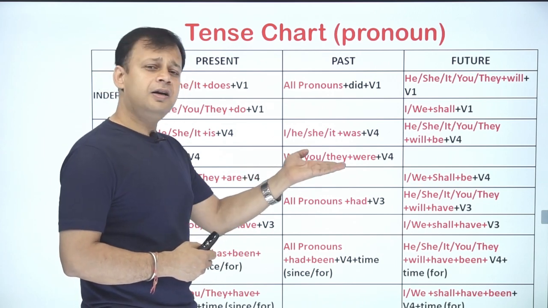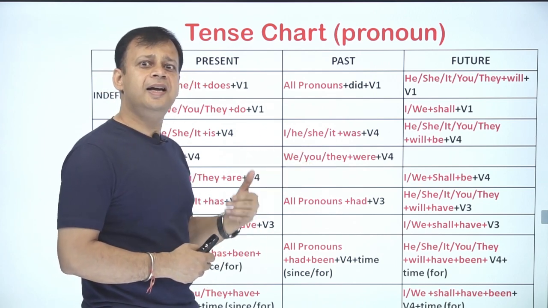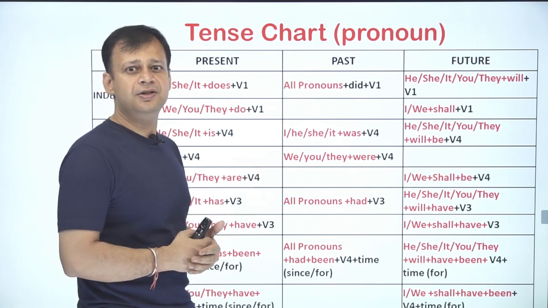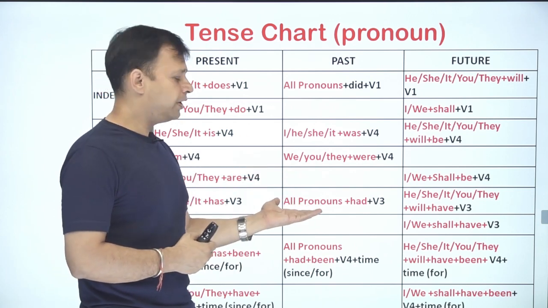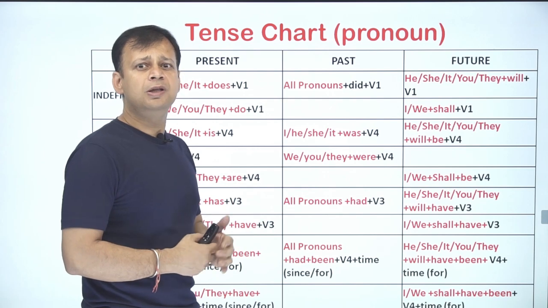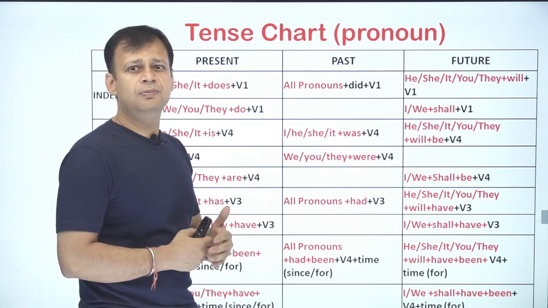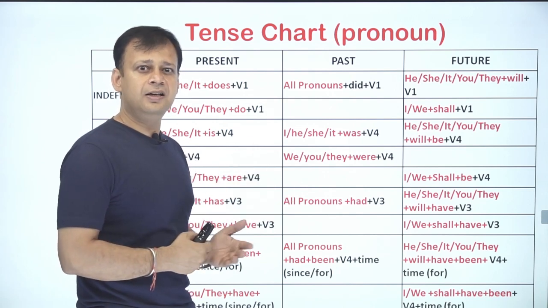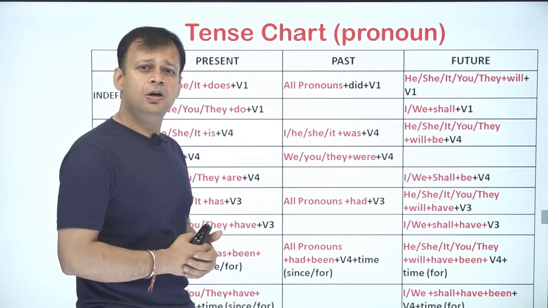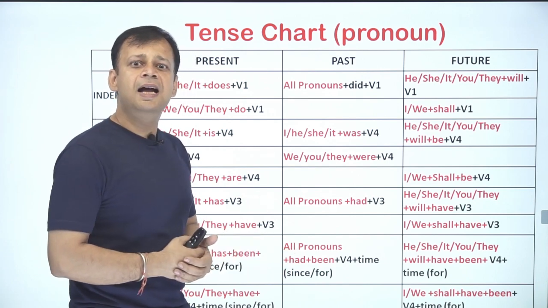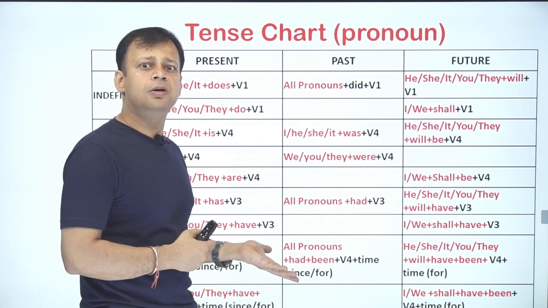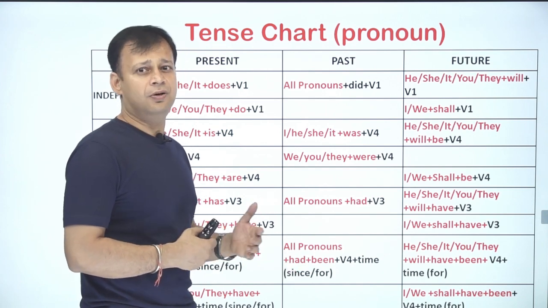We were, you were, they were plus fourth form ing. In case of past perfect, all pronouns can be used with had plus third form should go along with that. And in case of past perfect continuous also, all pronouns plus had been plus V4 plus time, since and for.